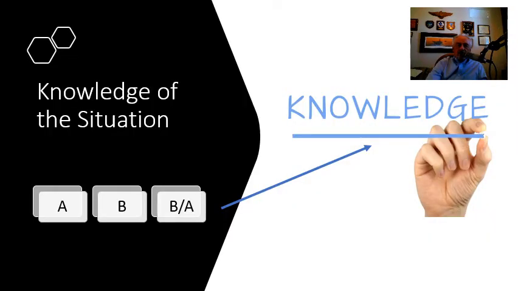Again, the knowledge of the situation is our knowledge of event A, our knowledge of event B, and our knowledge of event B, given that event A has also occurred.